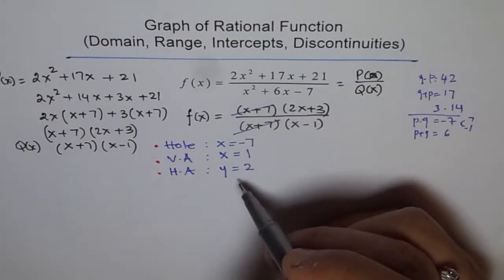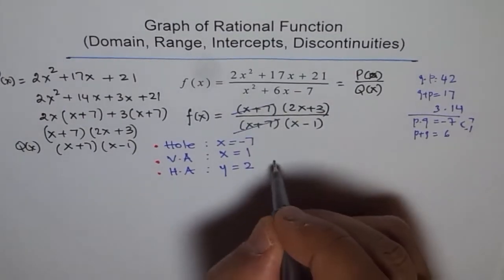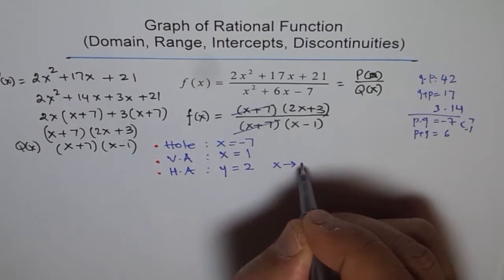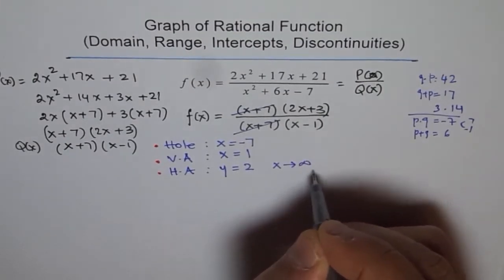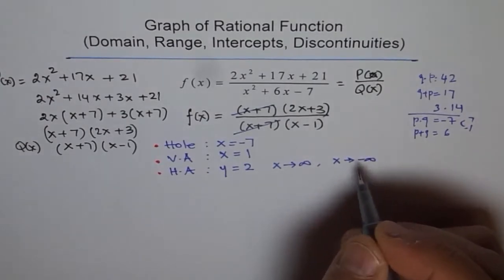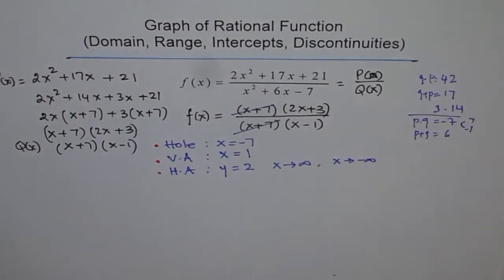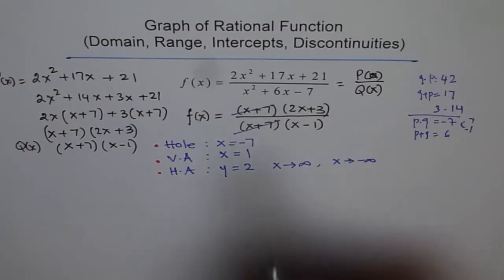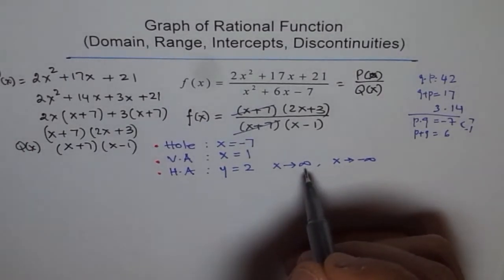Well, horizontal asymptotes are always defined when x approaches infinity, plus or minus, or when x approaches minus infinity, right? So these are the two places where if a function approaches a fixed value, then we say that fixed value which the function is trying to approach is the horizontal asymptote. Do you understand? So in this case, if x is very large, think like this.